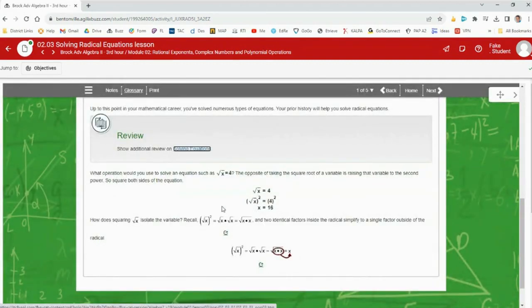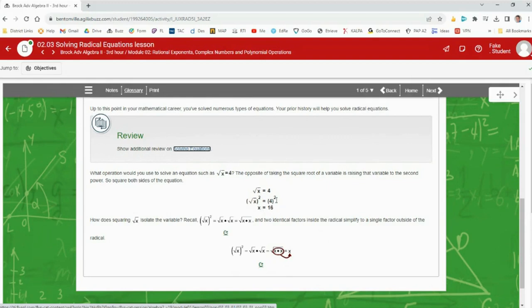All right. So what operation would you use to solve an equation like the square root of x equals 4? Well, you've got to do the opposite. If we want x to be by itself, we don't want the square root of x, we want x. So we would need to square both sides. The square root of x times the square root of x is x. The square root and square cancel each other out.